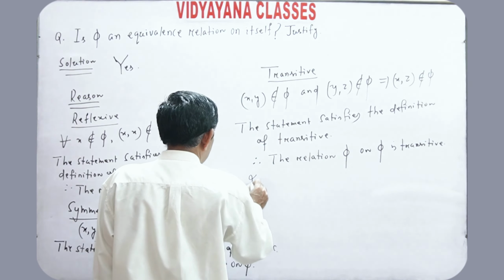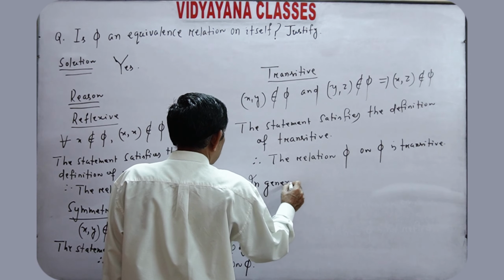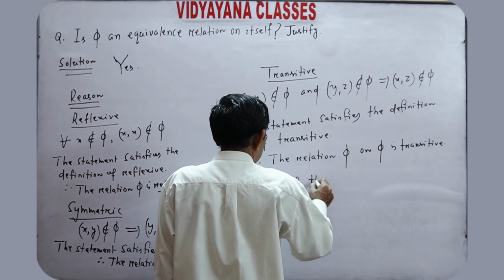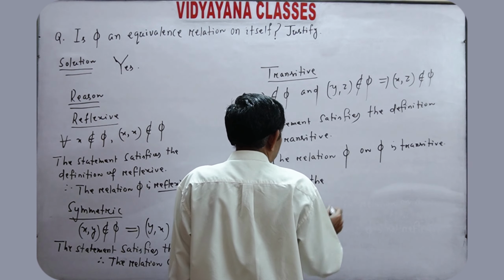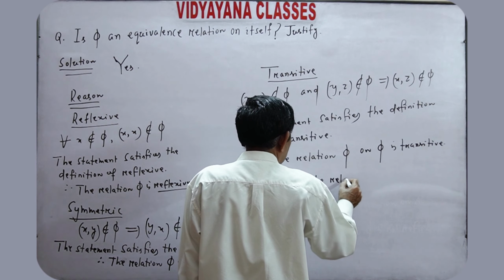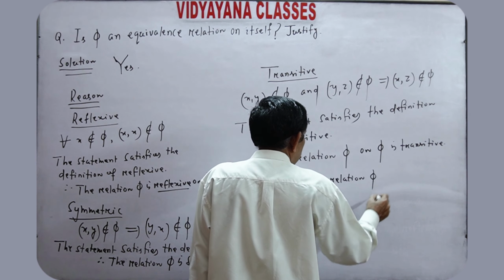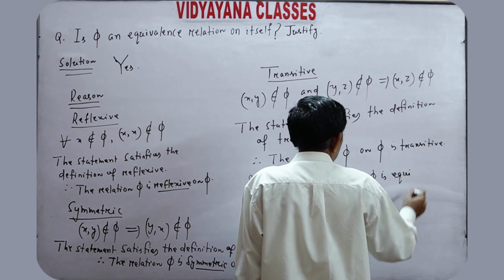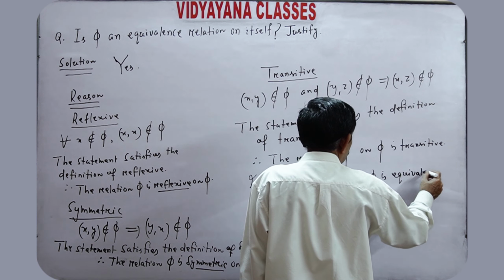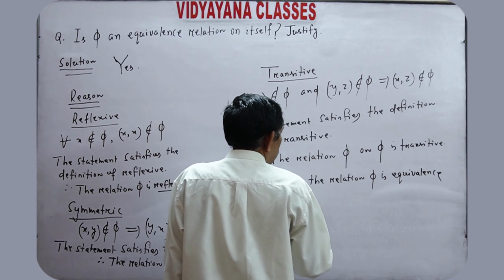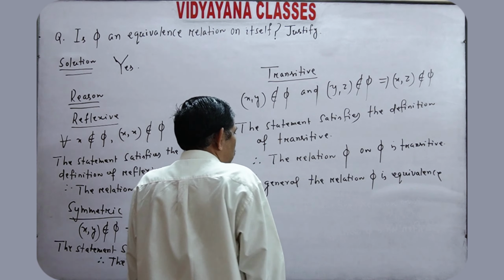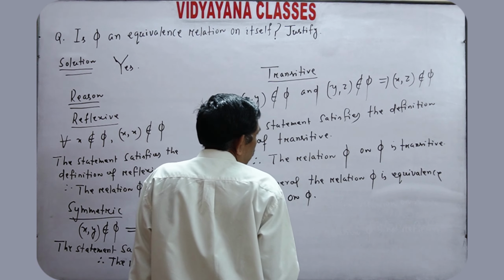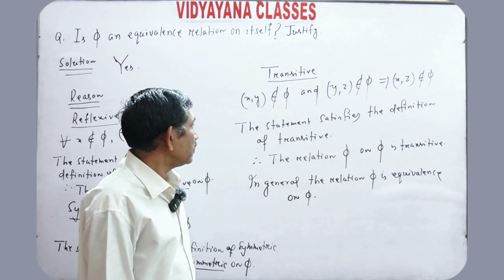In general, the relation phi is an equivalence relation on phi. Equivalence means reflexive, symmetric and transitive.